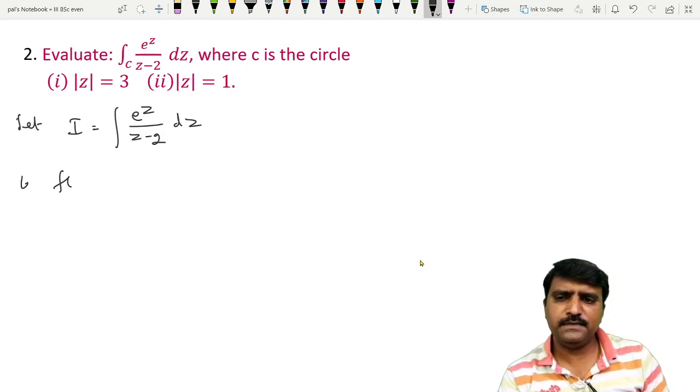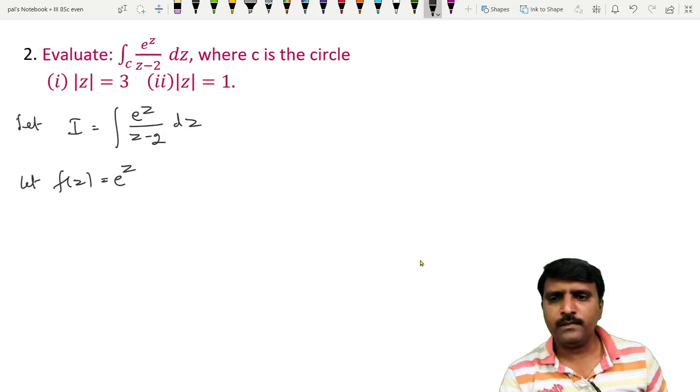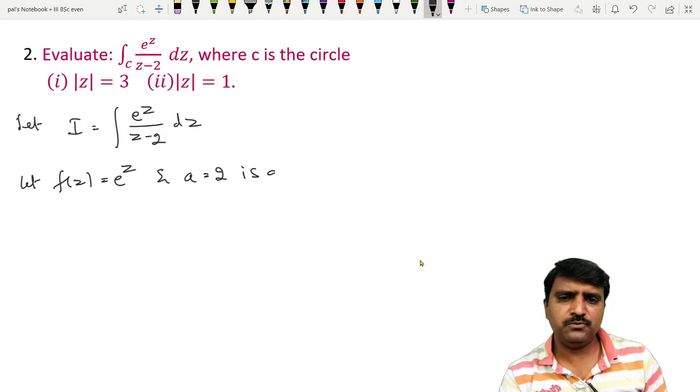So let f of z is equal to e power z, and a is equal to 2, just like z minus a. In place of a we have 2. So a is equal to 2 is the point.